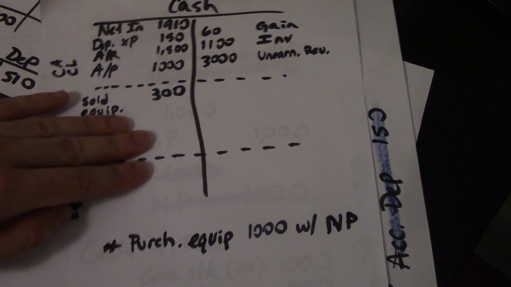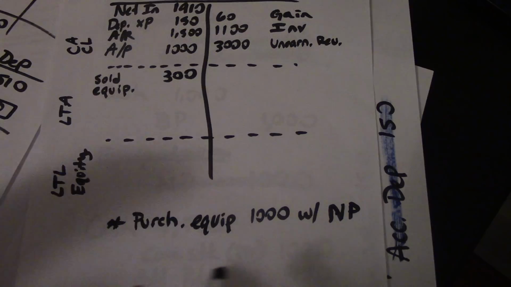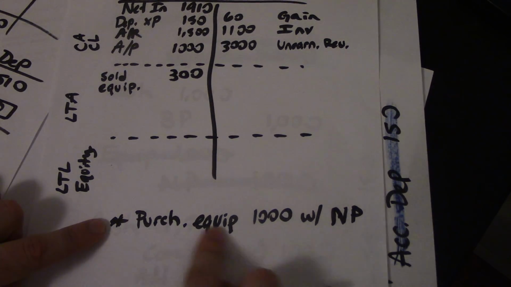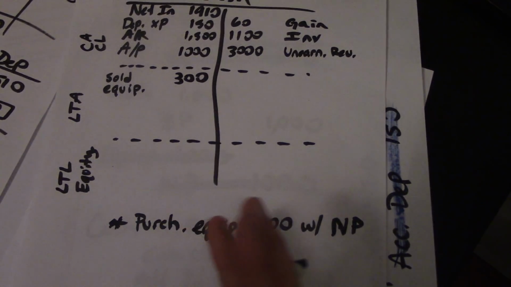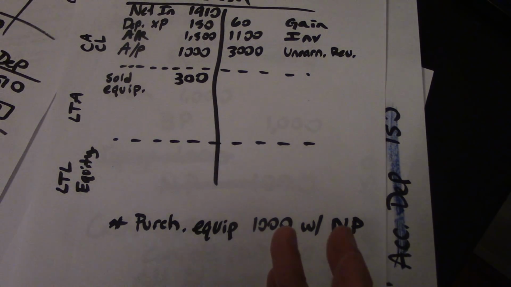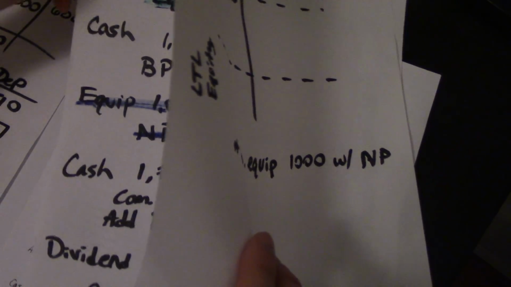Cash is not affected, but since it's a non-cash purchase, we're going to make a little footnote on the bottom to explain why equipment increased by $1,000 and why notes payable increased by $1,000 to our investors. So that's it with notes payable.